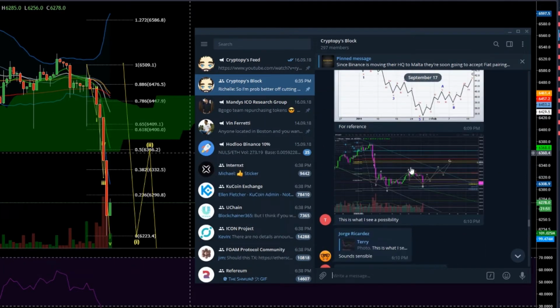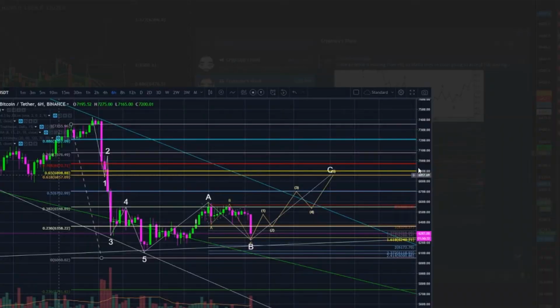Let's see what else. Let's take a look at Terry's chart here. So Bitcoin USD. You're very bullish. A, B, and then you see a 1, 2, 3, 4, 5 up to the 618, and then we fall, or what? That is something that could happen as well. I just wouldn't.